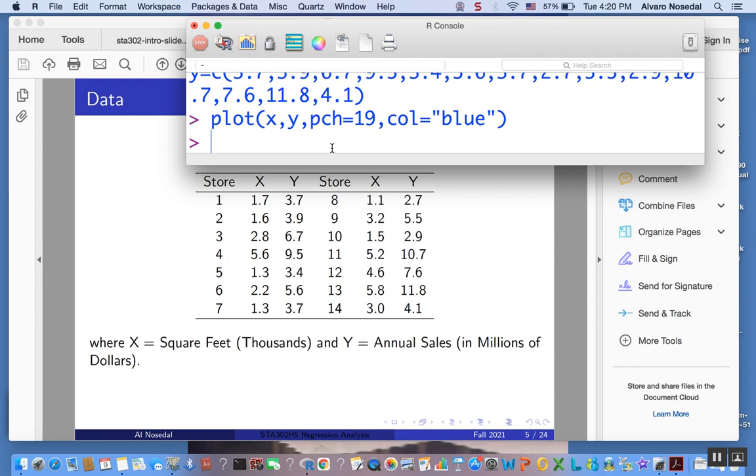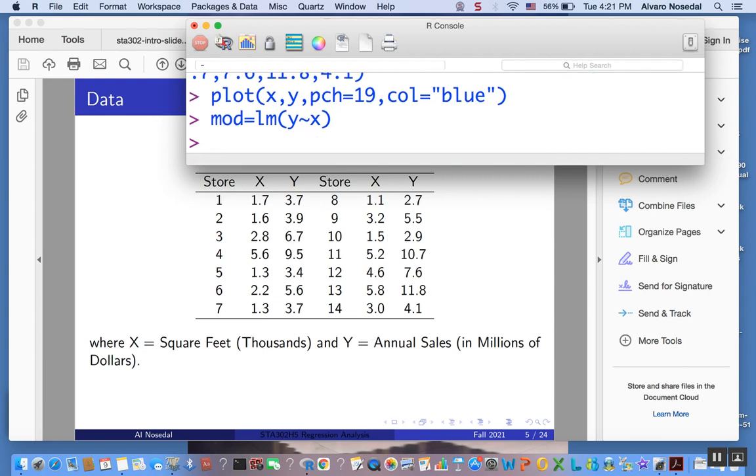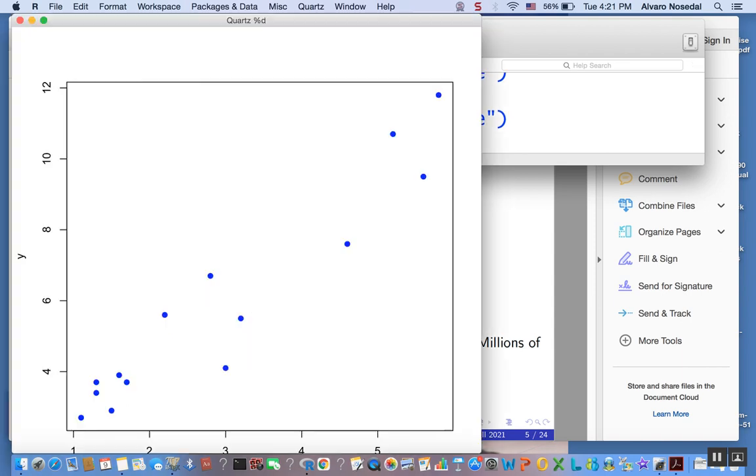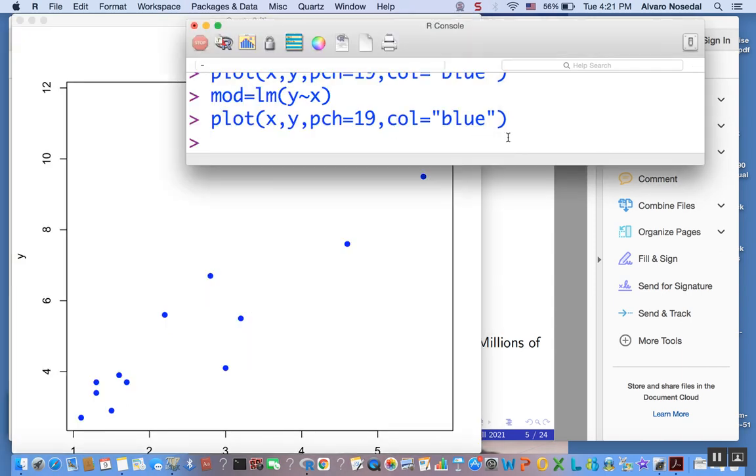How about we find the least squares regression line? Let's use that lm function that we have been using a lot lately. We know that the syntax is first the response, then the predictor variable. Now let's make that scatter plot, but this time we will include the least squares regression line.